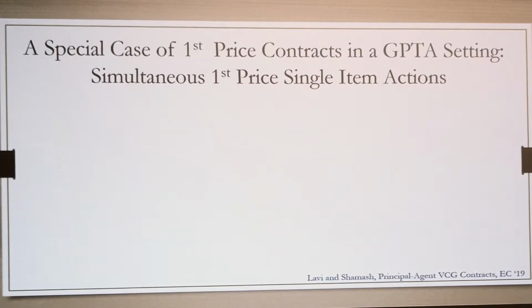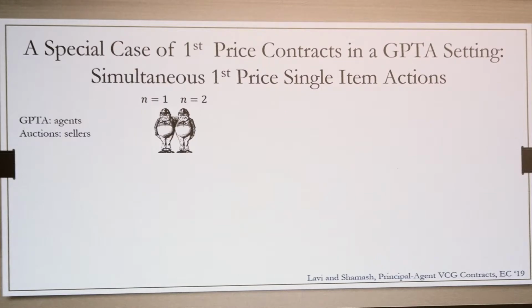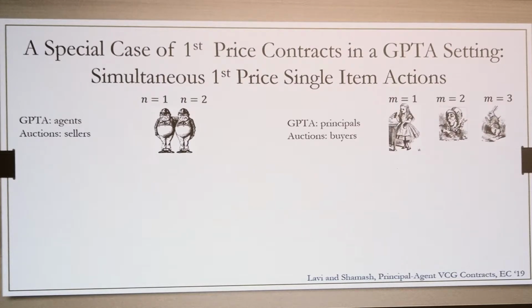To get some more intuition of the framework, a special case of the GPTA setting is simultaneous first price single item auctions. Why is this a special case? The agents in our setting would be the sellers. Each agent would be selling a single item. The principals would be the buyers.